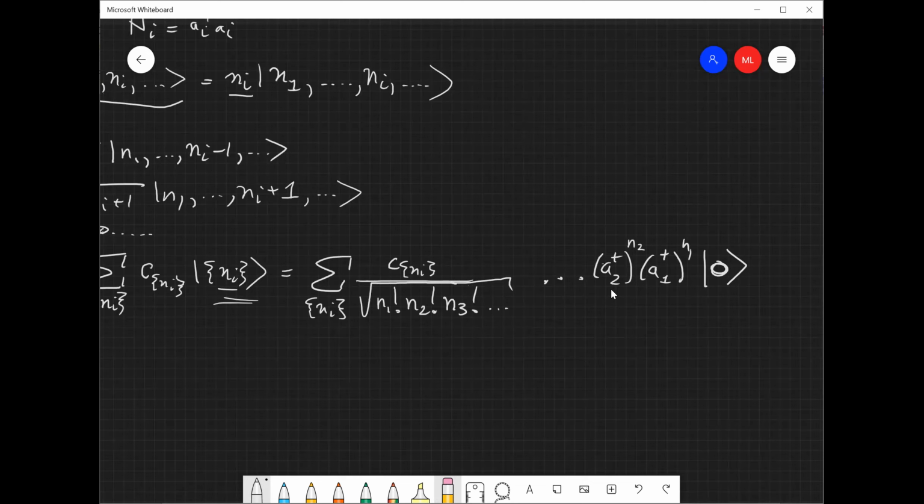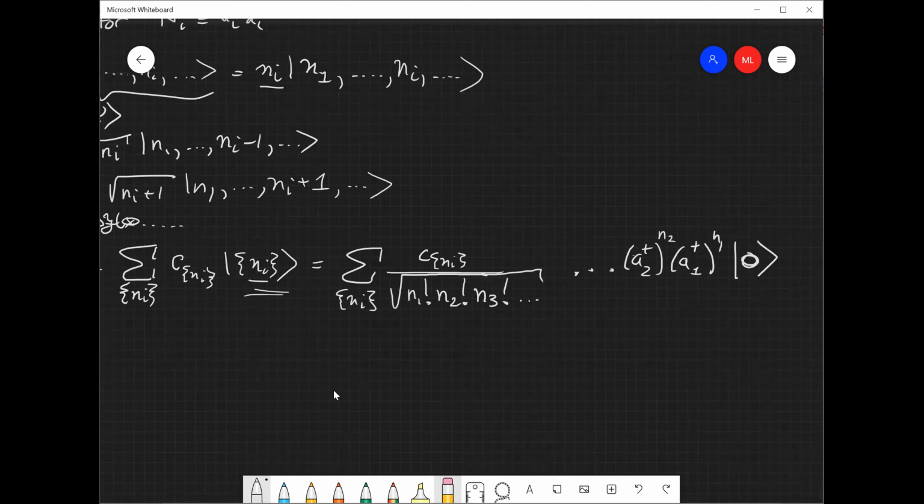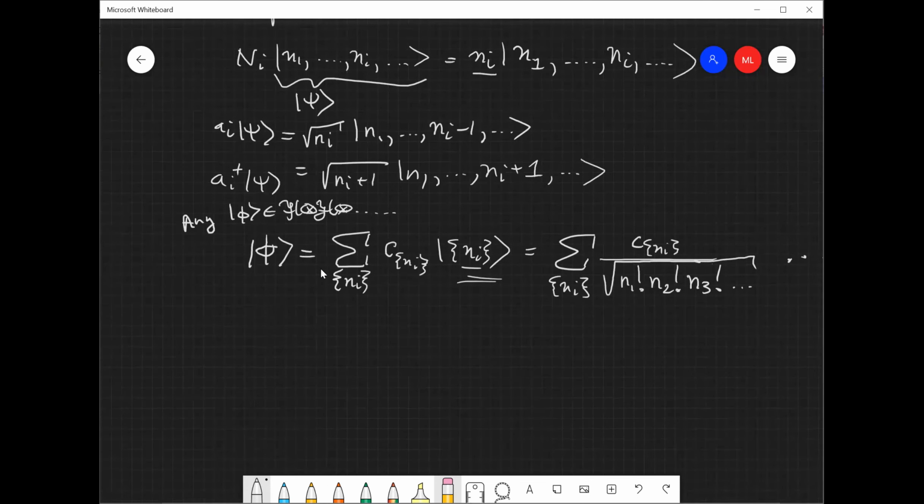Yeah, so that's basically the way second quantization works. And what we have to do now is also figure out how operators work, right? We have to figure out how we actually act on these states.